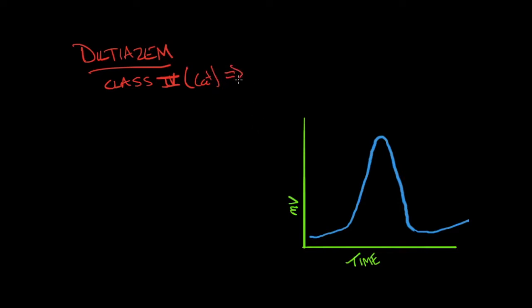And this is going to be for the treatment of SVTs, so that narrow complex tachycardia, but specifically AFib and flutter. Diltiazem works on nodal cells, so SA and AV node, and it's going to decrease the rate of SA node firing and decrease AV conduction. And it's going to do this by affecting our phase 0.